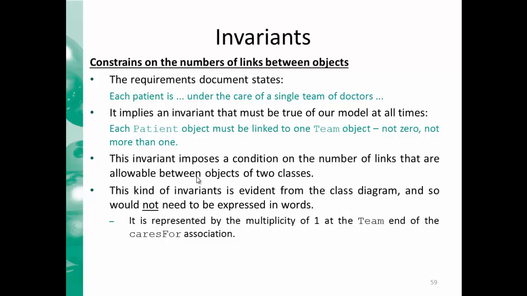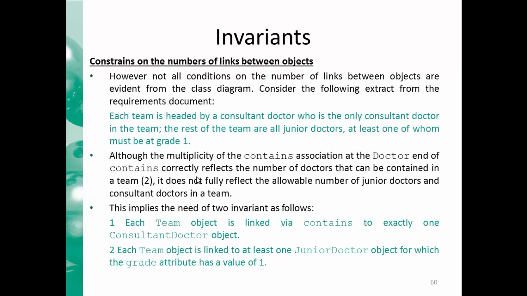So the entity patient is under the condition that it must be linked to one team object. It cannot be linked to more than one team object, and it cannot be left without being linked to a team object. All these are examples of invariants that we need to hold so the system can be stable.